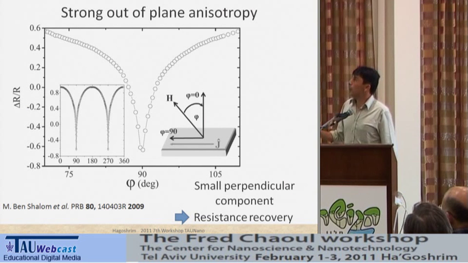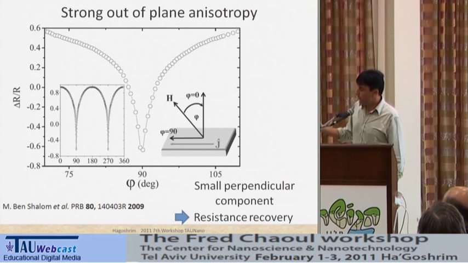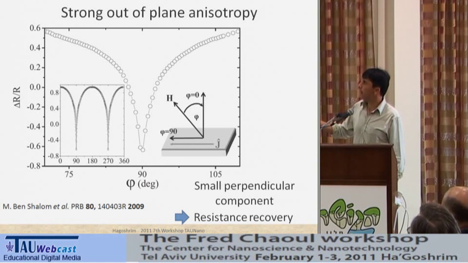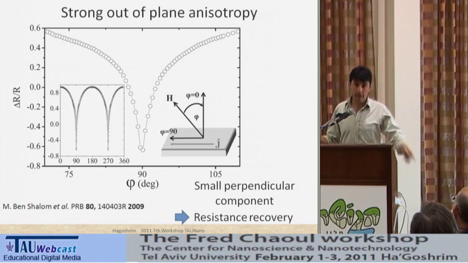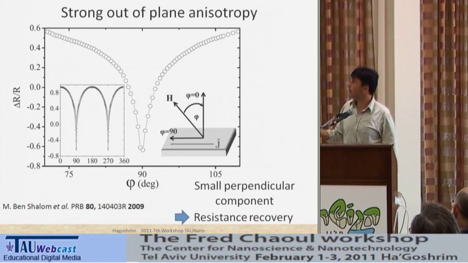Also, a nice thing to note is this anisotropy. This anisotropy is very strong. So when you rotate the field out of the plane, here phi 90 is a field parallel to the current, and then you take the field out of the plane, and this is what you do. You scan the angle. So here it's parallel. You have negative magnetoresistance, very large, and here it's perpendicular.